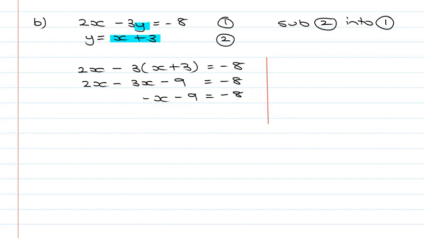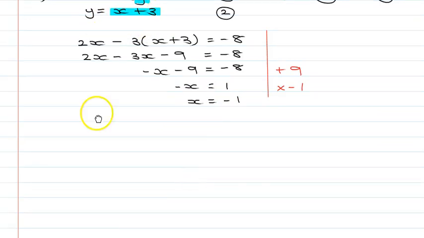Now, adding 9 to both sides gives me minus x on the left equals 1 on the right. And then the next thing is I can't have a negative solution, so I'm going to multiply both sides by negative 1 to give me a positive x solution, leaving me with x equals negative 1. Finally, I'm going to substitute x equals negative 1 into equation 2 because that's a nice easy equation to substitute in to find y.